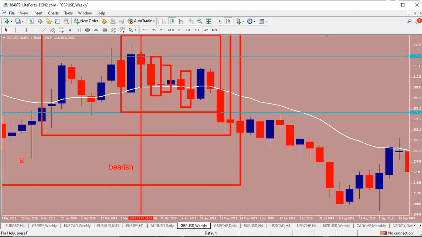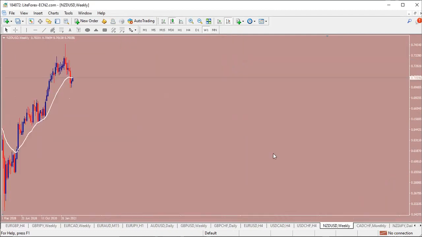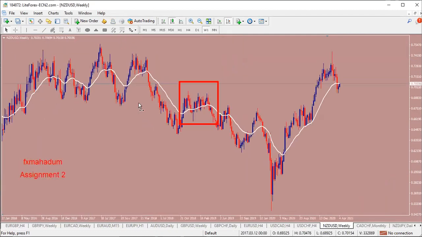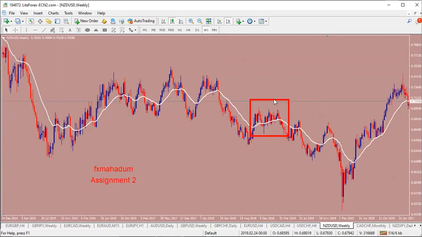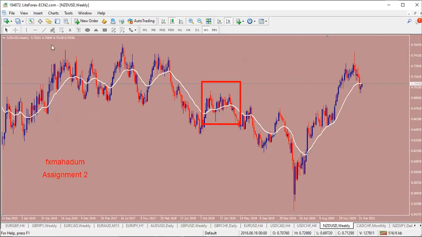NZD-USD. All right, this is it. NZD-USD weekly. Now we know our trend is a bearish trend. That's the first question. Now the second question says, locate the key level area. Now the key level area here is this place.